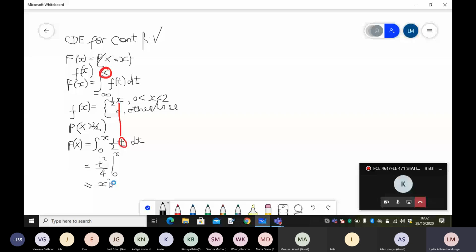So when we substitute the limits, we get capital F of x is x squared over 4.